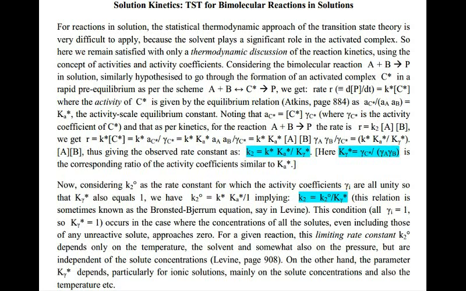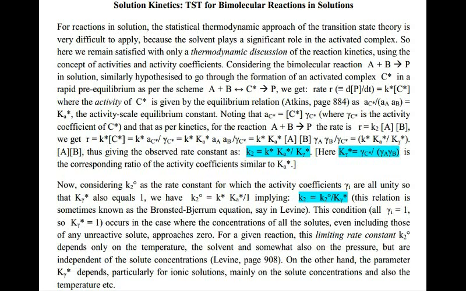Whereas rate is equal to k2, the observed rate constant, into [A] into [B], where square brackets mean concentrations. So we finally find that this k2 must equal k*, the unimolecular rate constant, into the thermodynamic equilibrium constant K*, divided by the activity coefficient ratio Kγ*.